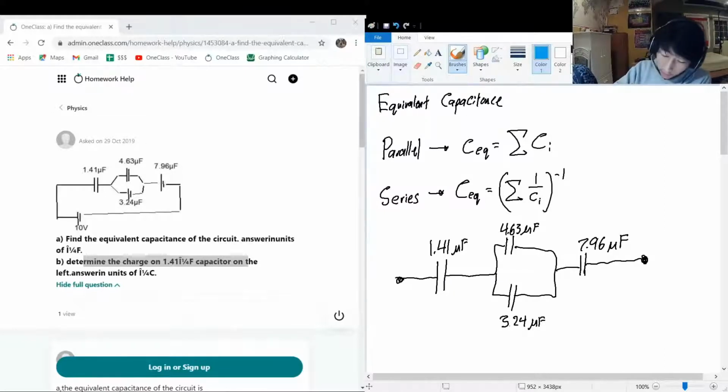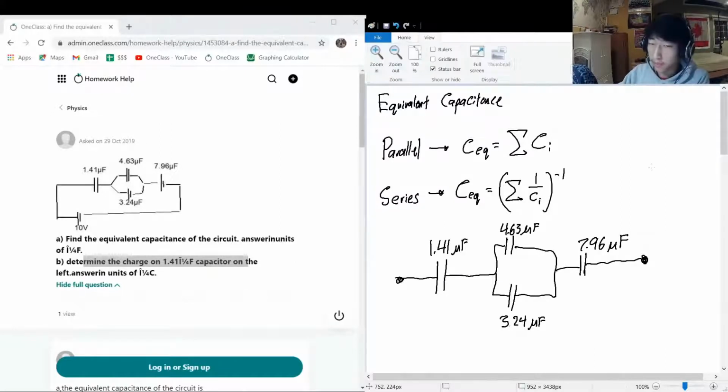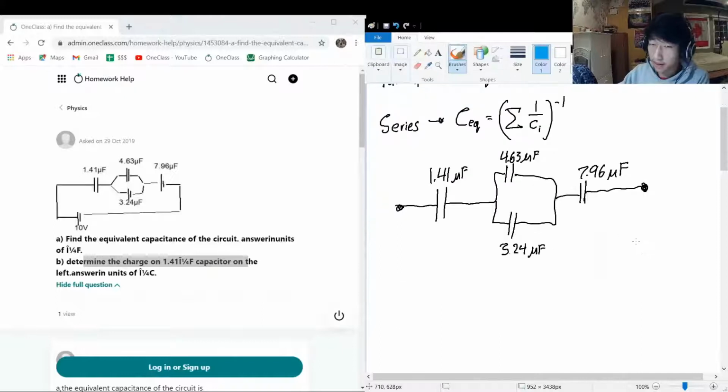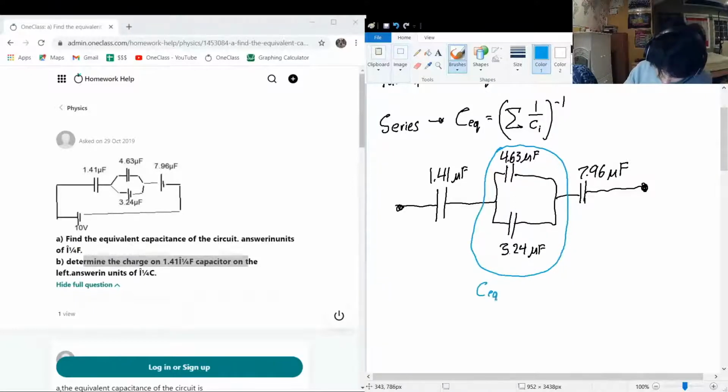The first thing we want to see is, don't we have a parallel section right there? Wouldn't that be nice and easy to compress? So the CEQ for this section is going to be 3.24 microfarads plus 4.63 microfarads, which is equal to 7.87 microfarads.